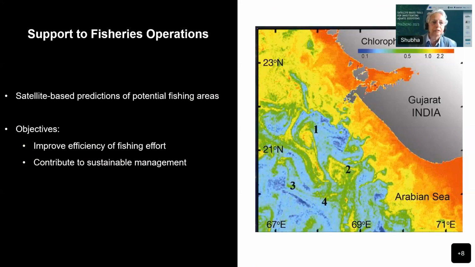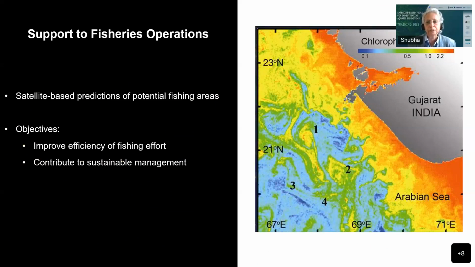Now, supporting fish yield from the ocean can also be achieved through support to fisheries operations, where one can use satellite-based methods to predict areas where you might find rich fishing.